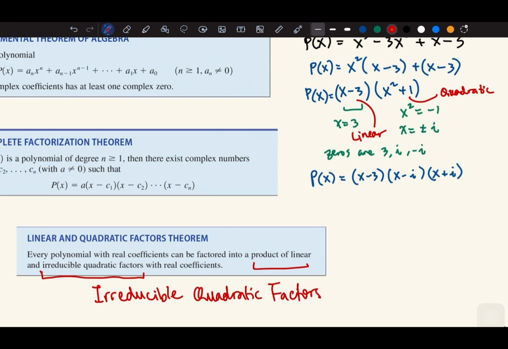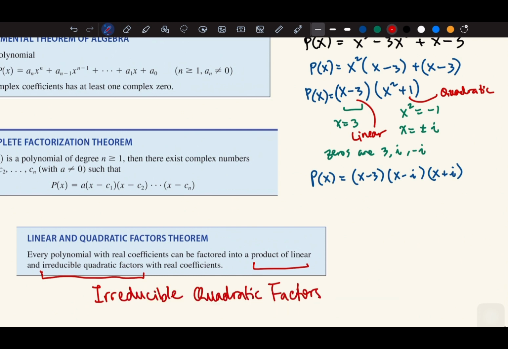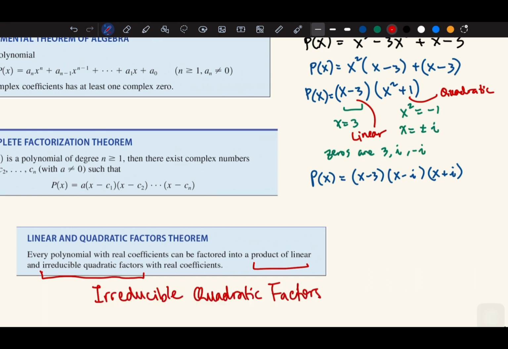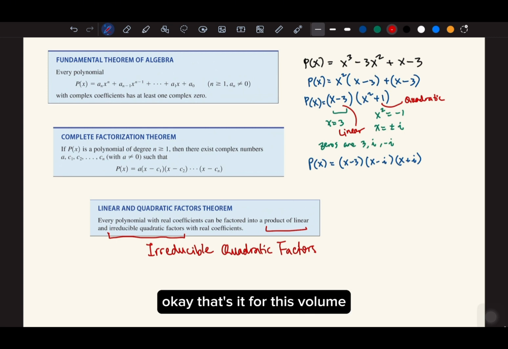If you have a passion for programming, that should be one thing that you need to at least know beforehand: the matrix and the linear equation.